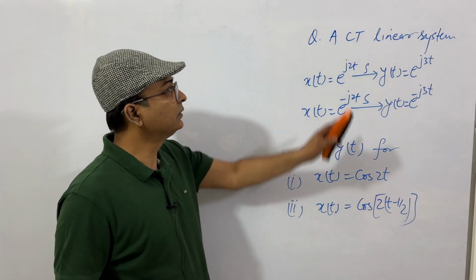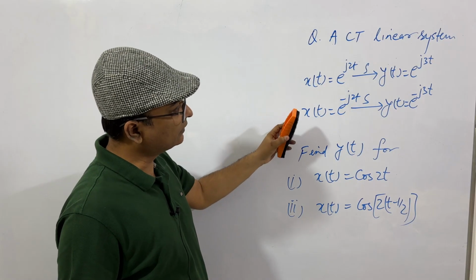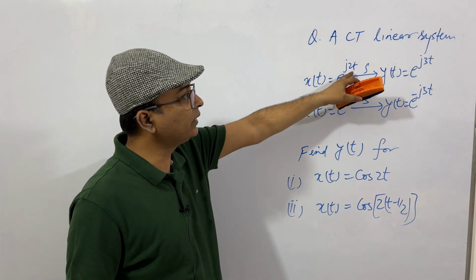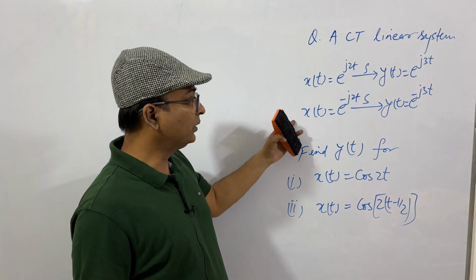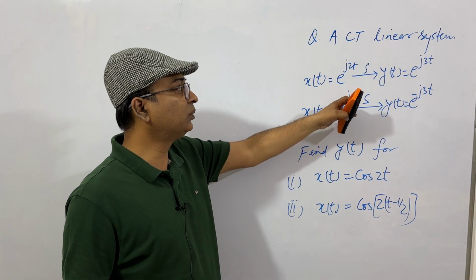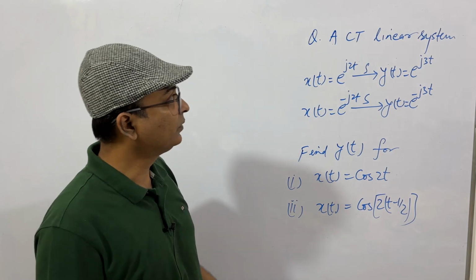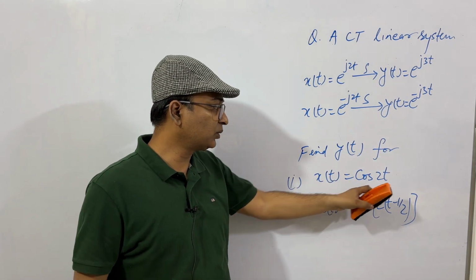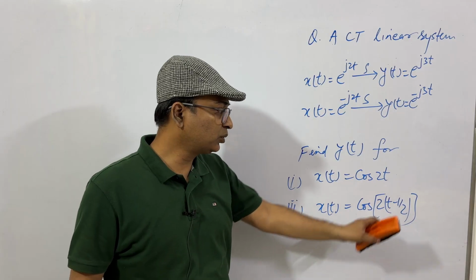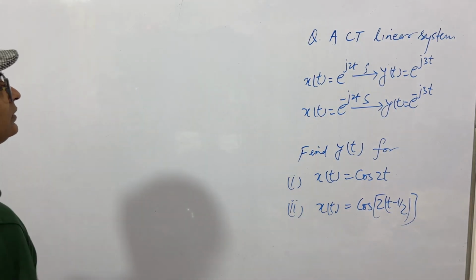Very good question. It says a continuous time linear system has this output. When the input is e^(j2t), when it passes through the system, the output is e^(j3t). When the input is e^(-j2t), the output is e^(-j3t). This is a linear system. We have to find the output when the input is cos 2t and when the input is cos(2t - half).